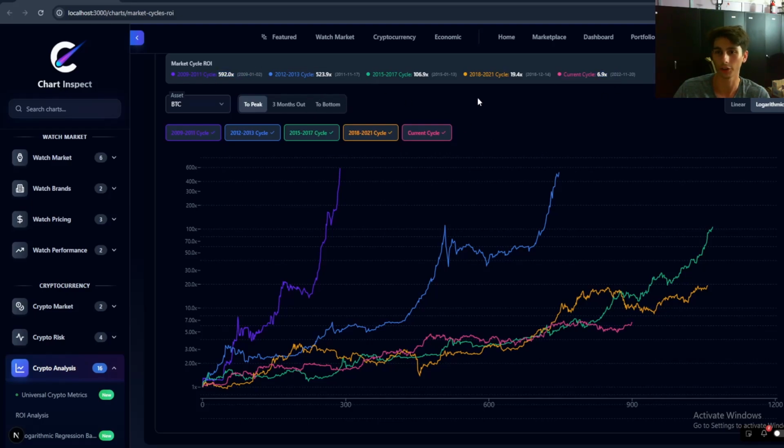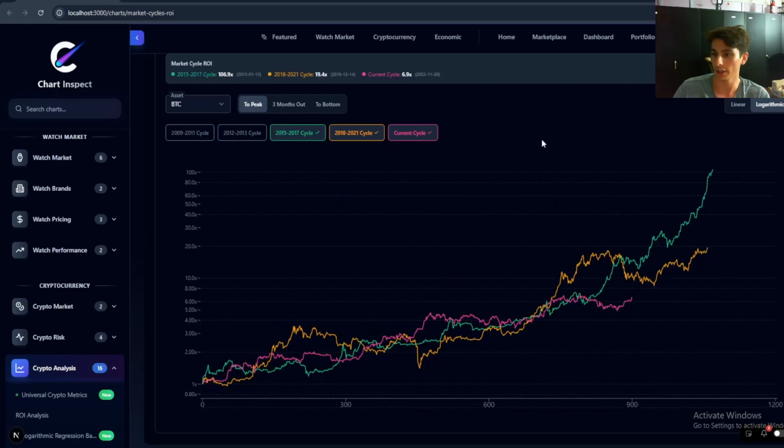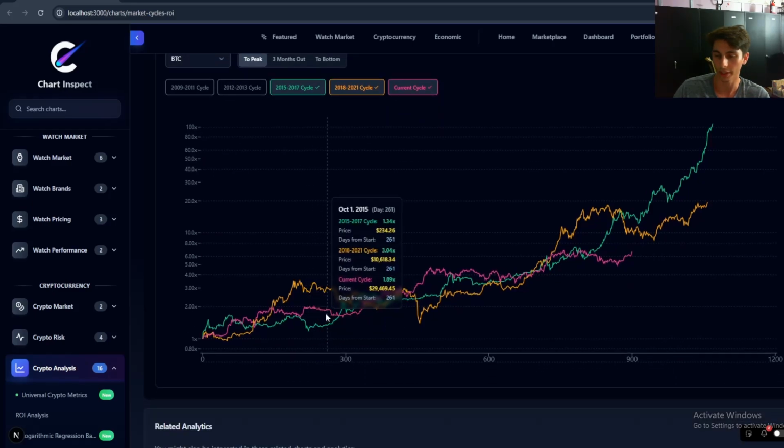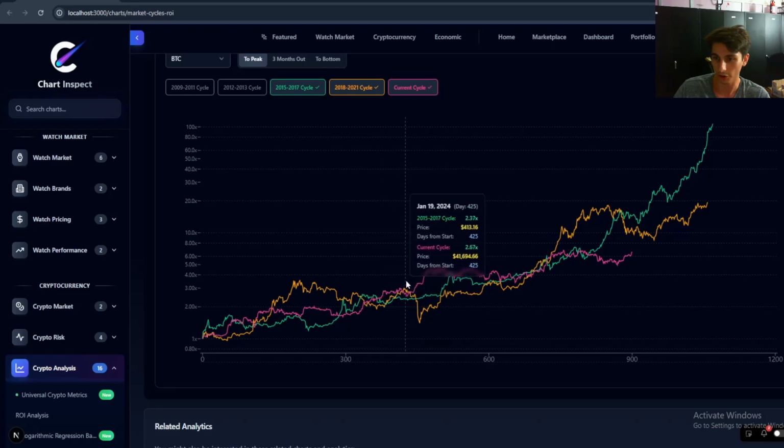What could this mean for the current cycle if we overlay the 2017, 2021 and the current cycle? You can see that at the beginning of the year, Bitcoin was pretty much tracking this 2017 cycle, but then it differentiated from it a little bit in the middle of the year, and then it followed it again.